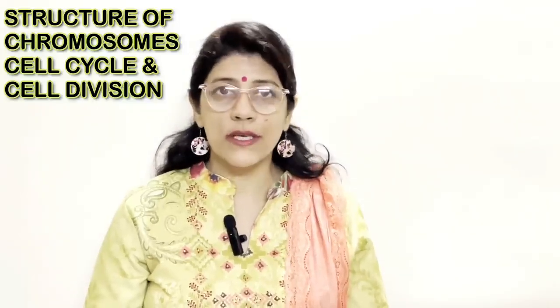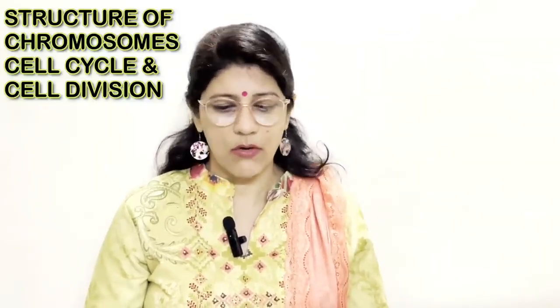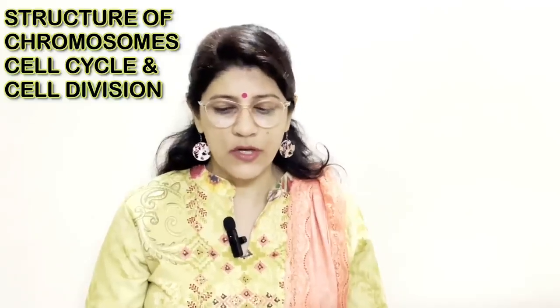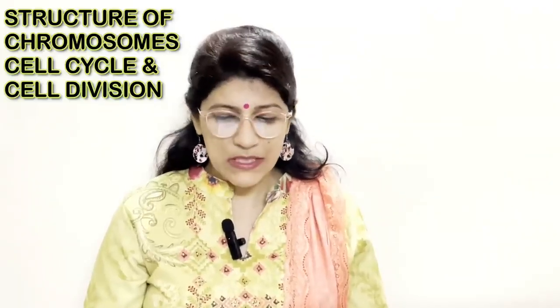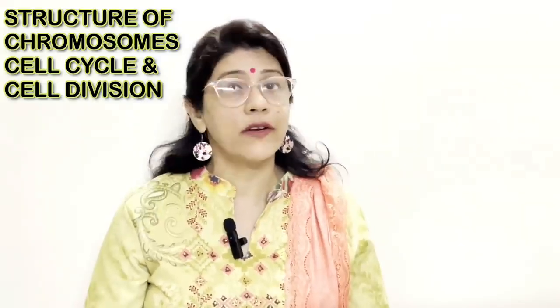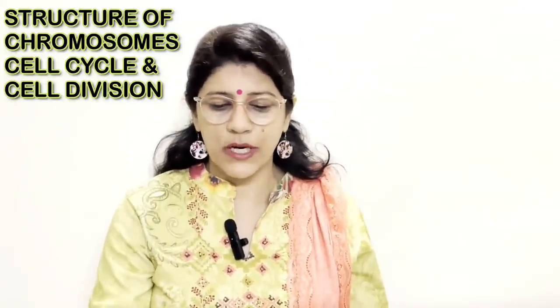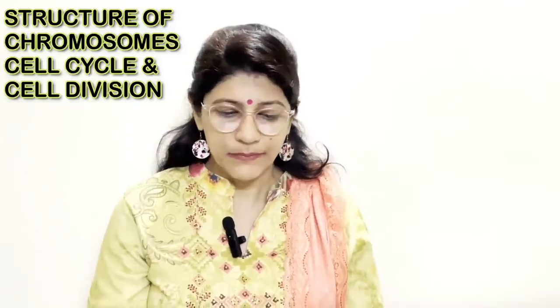Terminal branches, or you can say axon terminals, their location is the posterior end of the axon, and their function, it receives nerve impulses conducted through the axon and transmits it to the dendrites of the next neuron. एक की खत्म होगी तभी तो दूसरे की dendrites तक मैसेज जा पाएगा.